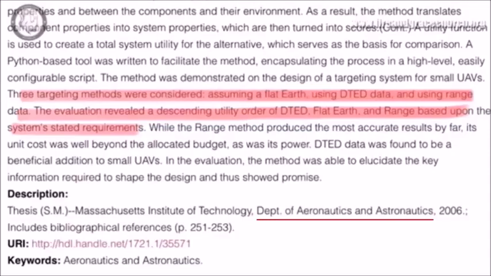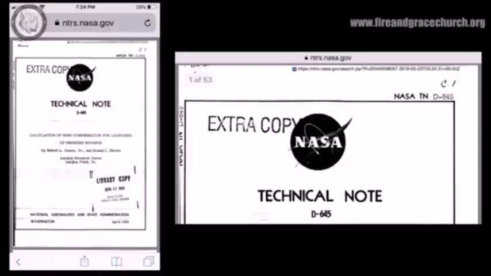Flat Earth and range based upon the system's requirements. I mean, these are aeronautics and astronautics. Here. Flat Earth assumption. Mind-blowing. All right, let's get back to our government documents here. Just wanted you to see MIT and other doctoral candidates and PhDs saying it's flat and it's not moving.